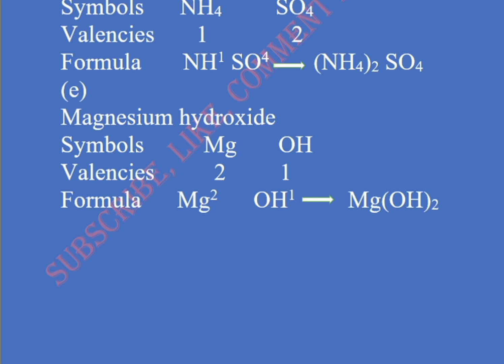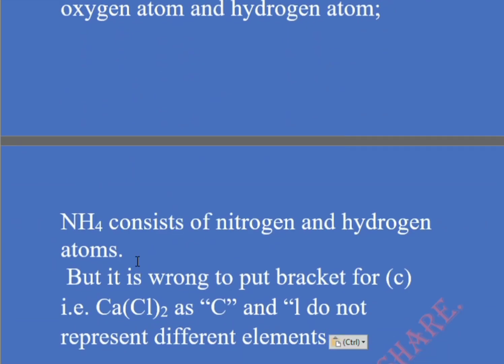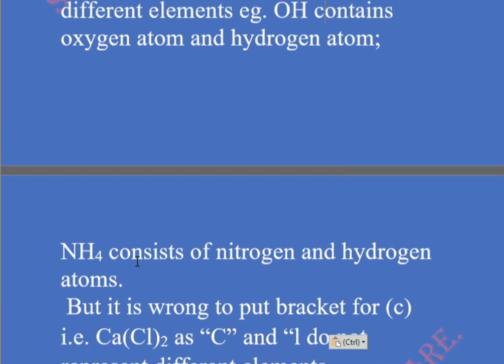But it is wrong to put brackets for the other examples. For example, for example C, that is calcium chloride, because Cl does not represent different elements. Chlorine is just Cl, it is one, it is an element.